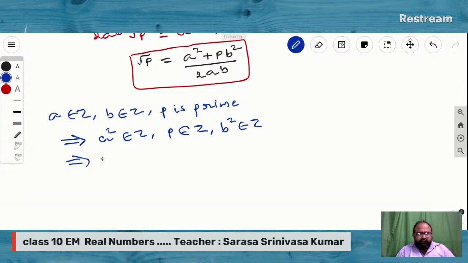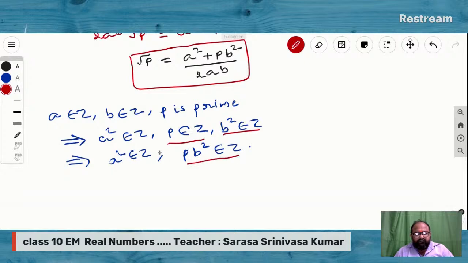So it implies that a square is an integer and the product pb square is an integer. This is by the property that the product of two integers is again an integer. Here p is an integer, b square is an integer, so pb square is also an integer.